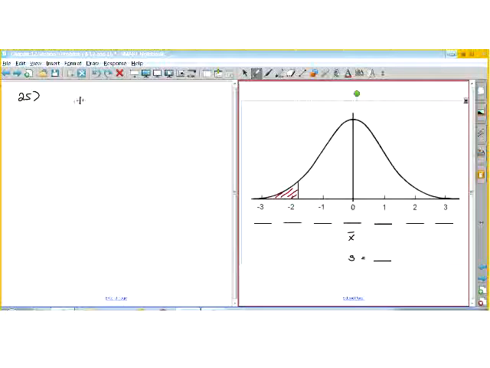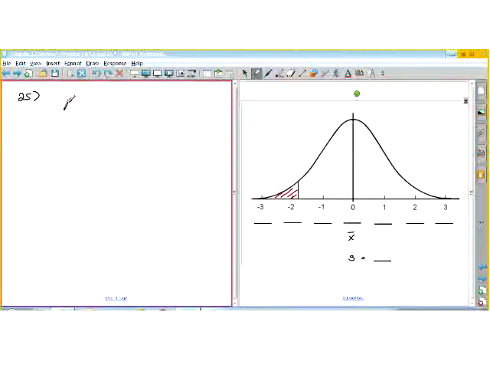Okay, so what we're going to do is remember, you take the area and then you'll find the corresponding z-score. So in this case, the area is 0.09. Okay, 9% becomes 0.09 in area.